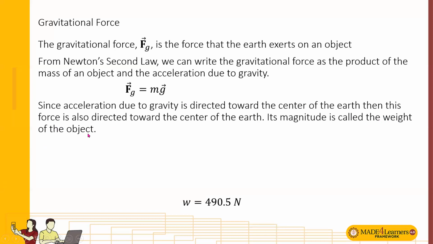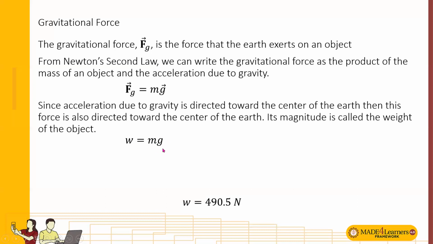From this law of acceleration equation, if we are going to get just the magnitude of the gravitational force, its weight is equal to mass times acceleration due to gravity, without minding the sign for g.